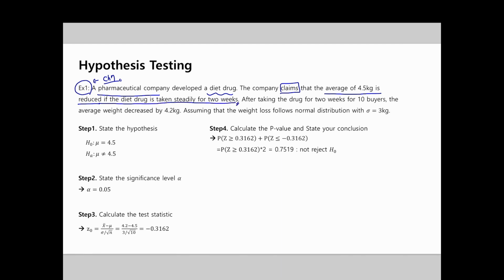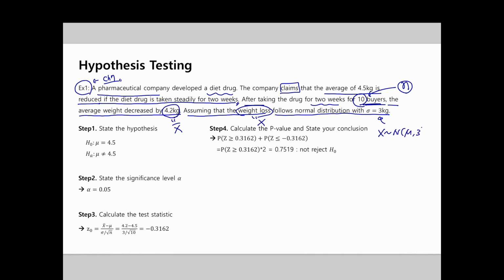After taking the drug for 2 weeks, for 10 buyers, meaning the sample size n is 10, their average weight decreased by 4.2 kilograms. That is the x bar. Assuming that the weight loss random variable X follows normal distribution with sigma equals 3 kilograms, that is X follows normal mu comma variance 9.